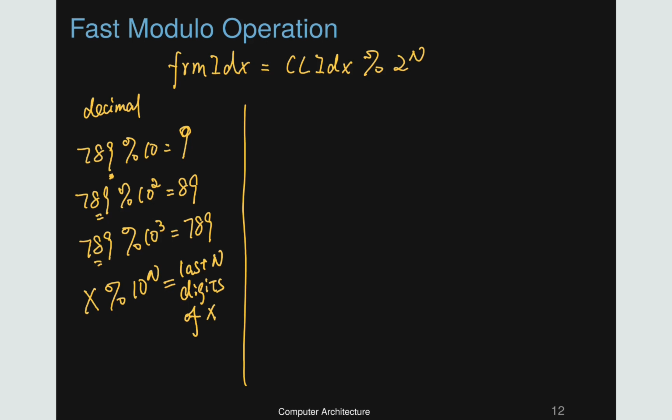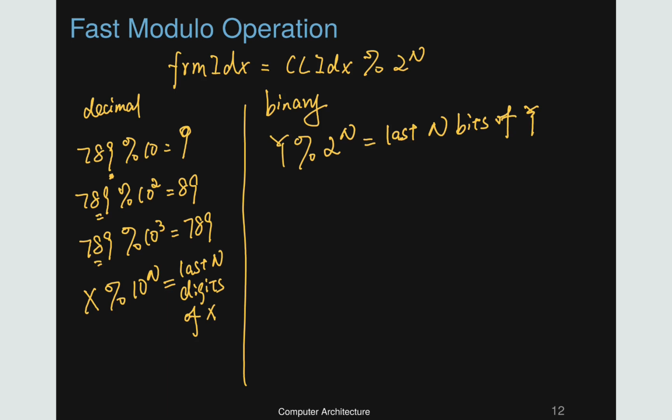We can do exactly the same thing for binary numbers. Assume that we have a binary number y, and we want to do a modulo operation of y over 2 to the n. All we need to do is extract the last n bits, or last n digits, of y, and it gives us the result.